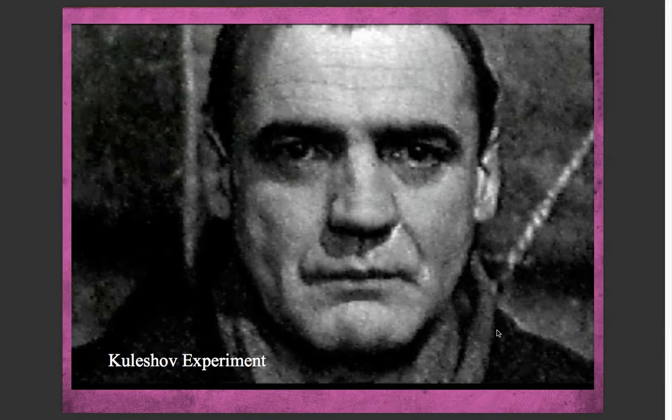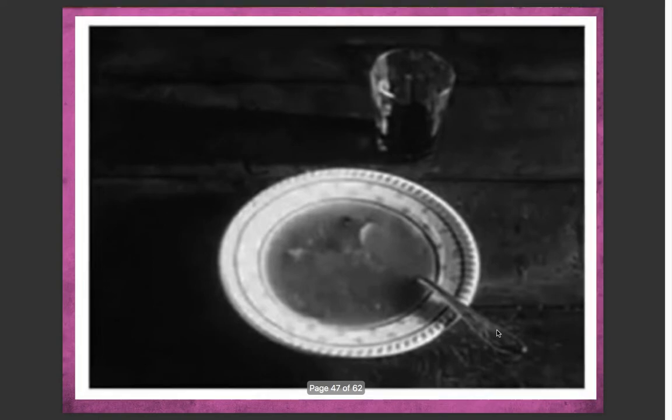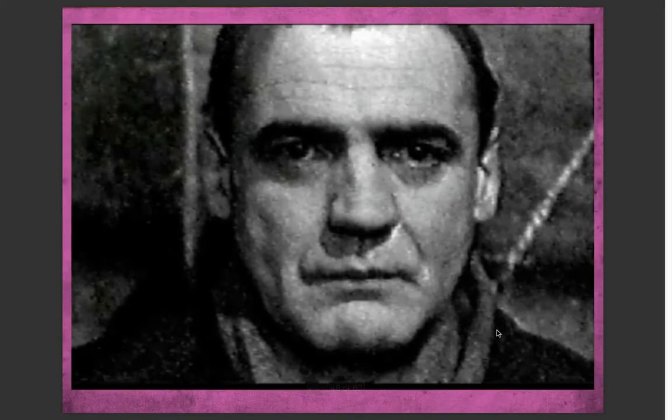A director experimented with this idea of shooting footage of a blank emotion on an actor, a very neutral state, and then flashing some imagery after it. So a bowl of soup, and then the image after was the same image of the actor with the neutral expression, and asking viewers what they saw, and everybody says, "Oh, he looks really hungry for that soup."